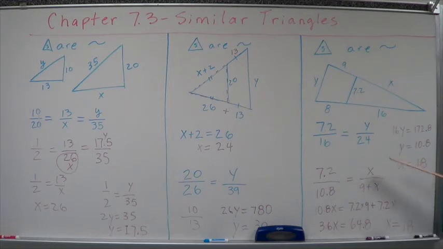So let's just cross multiply. We get 10.8x equals 7.2 times 9 plus 7.2x. When we take this over here and subtract it from this right there, we end up with 3.6x equals, multiply these two together, 64.8. Divide 3.6 into 64.8, we come up with x equals 18.